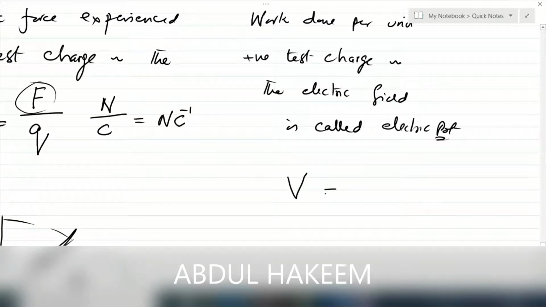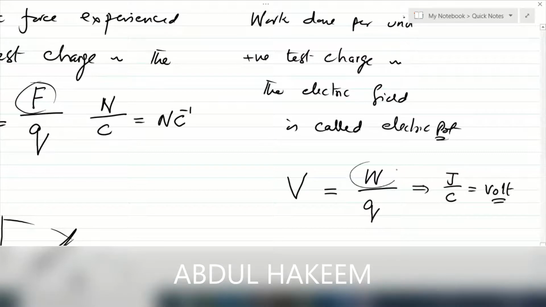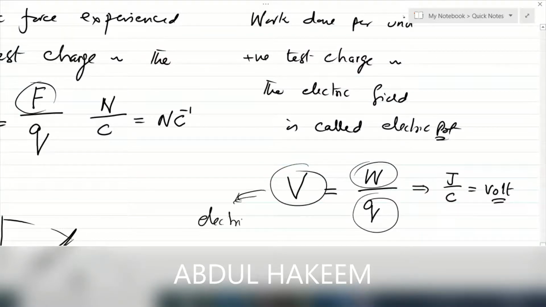Electric potential is represented by capital V, work by W, and charge by Q. So the work is done per unit positive test charge. The work is measured in joule, charge in coulomb, and joule per coulomb is volt. So the potential is measured in volt. Now work is scalar, charge is scalar. That's why the electric potential is scalar.